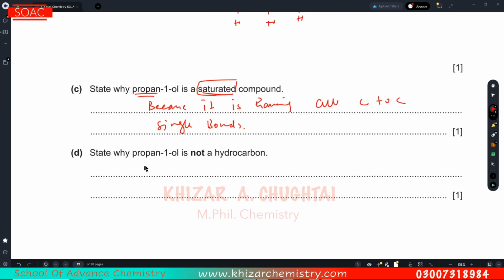Explain why propan-1-ol is not a hydrocarbon.